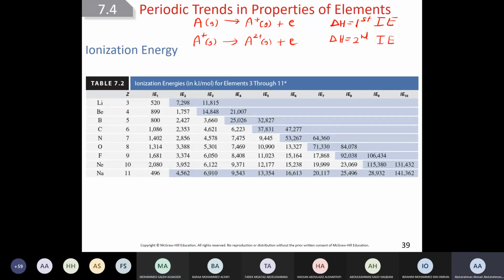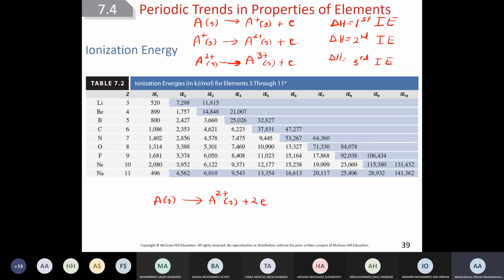Can you write the third ionization energy? Write the reaction. It is A 2 plus going to A 3 plus plus an electron, everything is gas, of course. What's the energy for A gas going to A 2 plus gas plus 2 electrons?